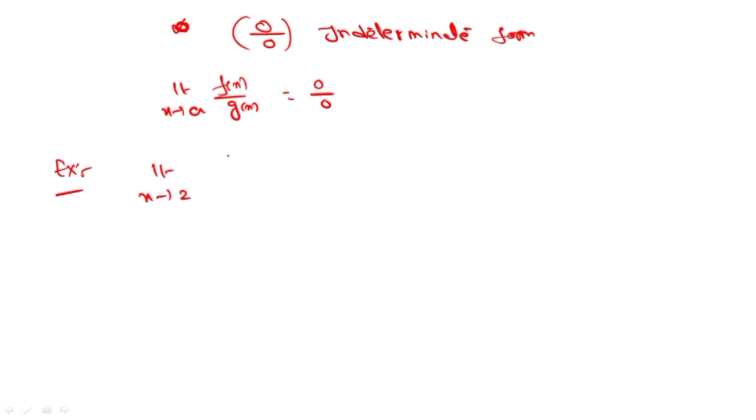I have the problem x square minus 4 by x minus 2, where x approaches 2. If I substitute x equals 2, we get 4 minus 4 by 2 minus 2, which is 0 by 0 form.